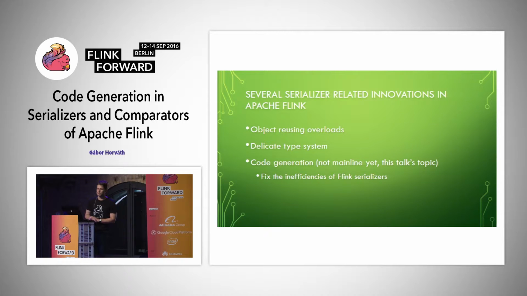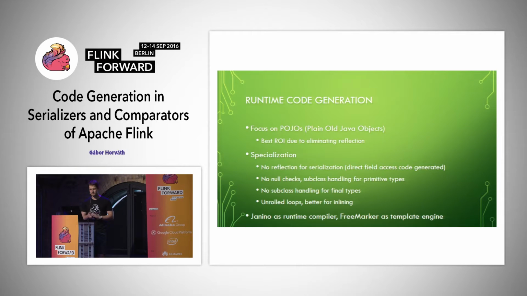It has a very delicate type system that can provide us very useful information about the types that we would like to serialize. And what this talk is about is that we will be able to generate very specialized code that can overcome the inefficiencies inside the current Flink serializers.